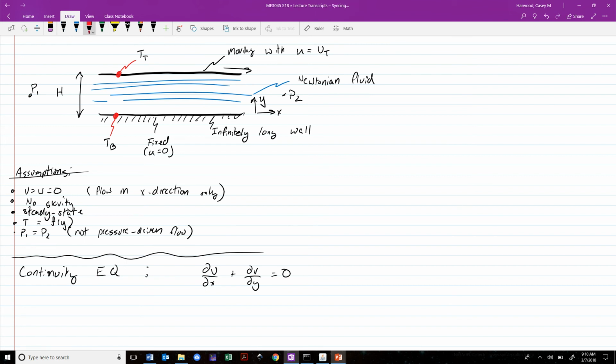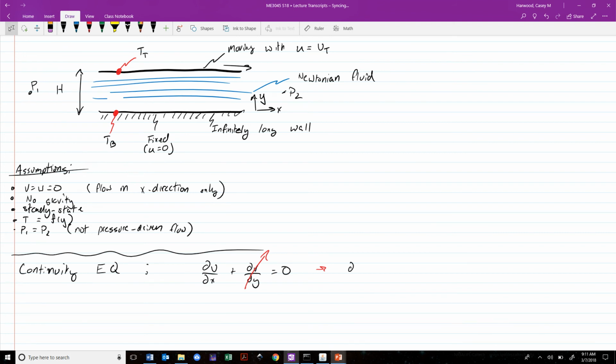The idea is, right, if v is equal to 0, then any gradient of v is also going to be equal to 0. So we get to kill this term off. What we're left with is then that du dx is equal to 0, which tells us that the flow is, anyone remember this from fluids, what we call it when it's not changing in the direction of flow anymore?